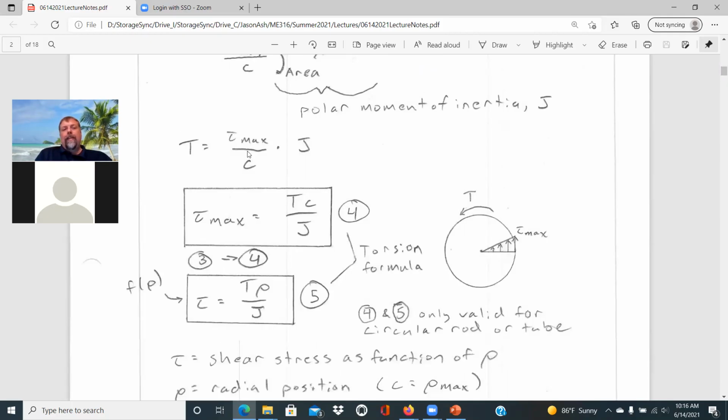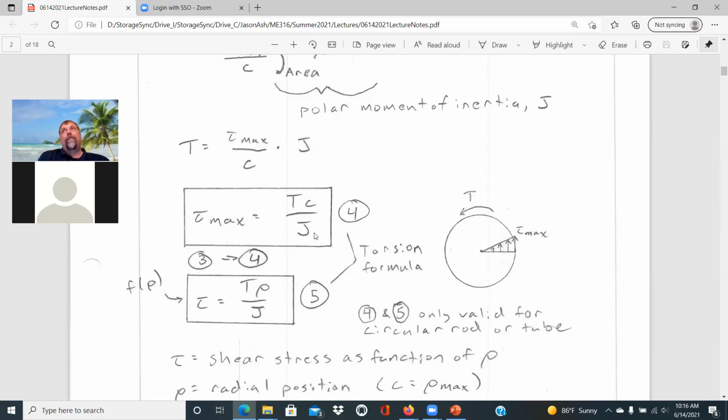And we can then solve this for the maximum shear stress. So tau max is going to be equal to the torque that's applied times the maximum radial position divided by that polar moment of inertia. And so we're now starting to develop relationships for torsional loading like what we had for axial loading.